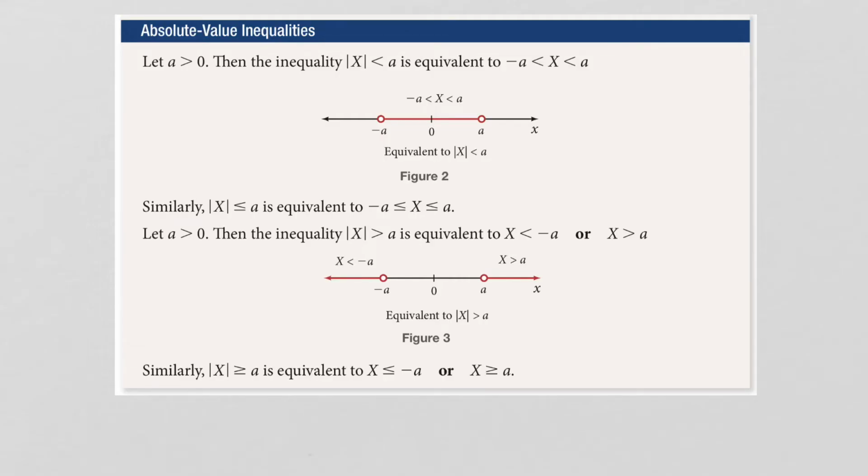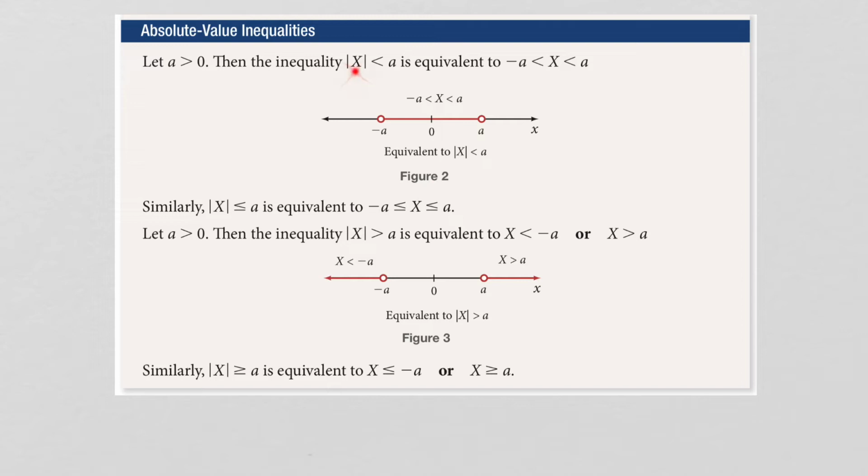Now let's move on to absolute value inequalities. First, we want to understand the concept. So we're going to assume that a is a positive number, and we have the inequality absolute value of x is less than a. Now, it says this is equivalent to x is between positive a and negative a. Let's understand why.